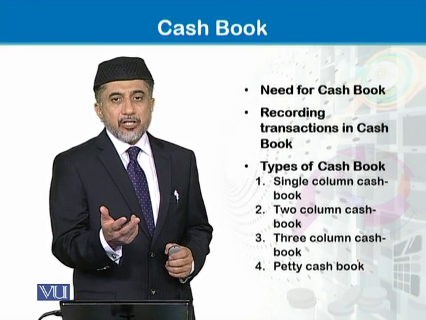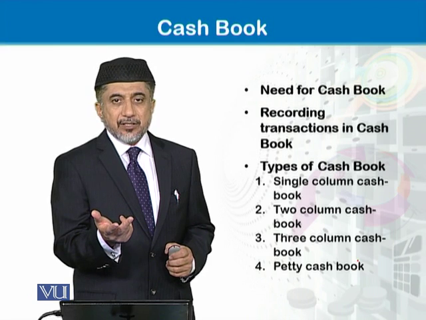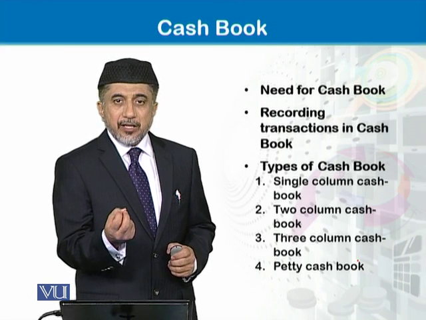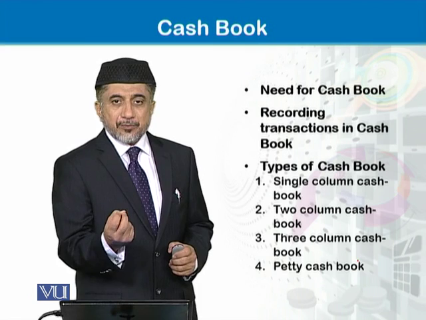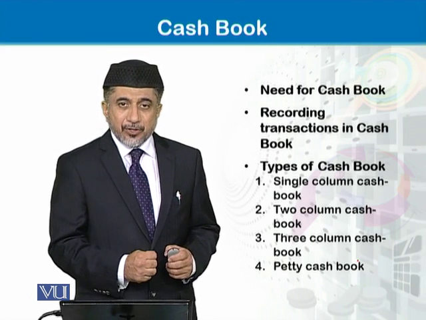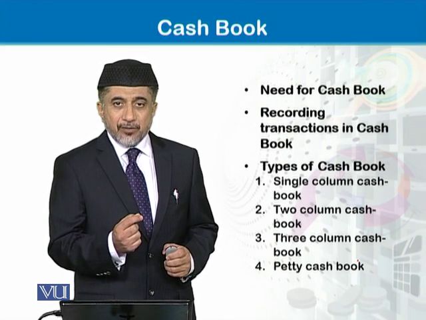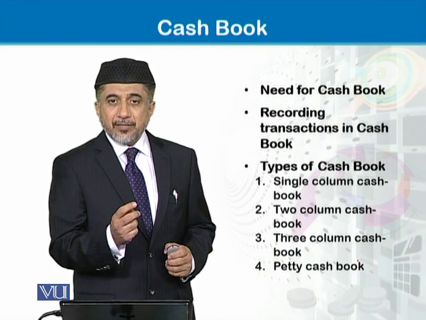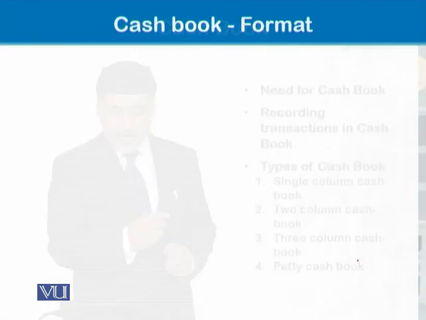Then the two column cash book would be cash and discount. And then comes the three column cash book, in which a cash column, bank column and discount column would be there, and the petty cash book is for petty expenses.